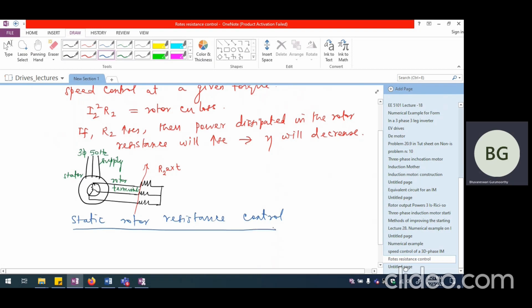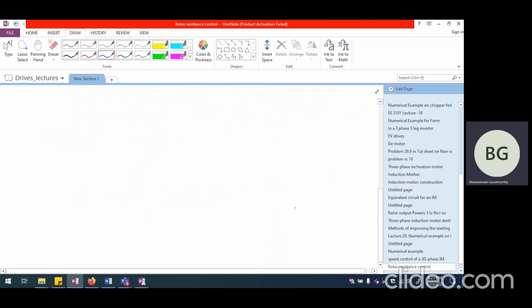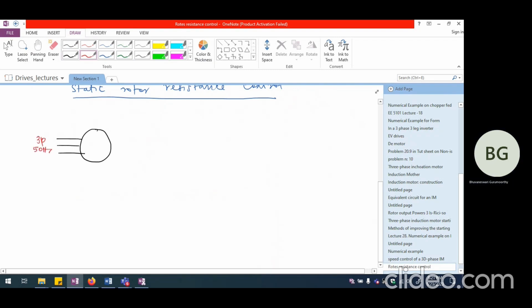So in static rotor resistance control, the stator will be connected directly to a three-phase 50 Hertz supply from the power grid. So this is the stator supply. As far as the rotor is concerned, it has the three-phase output somewhat like this.